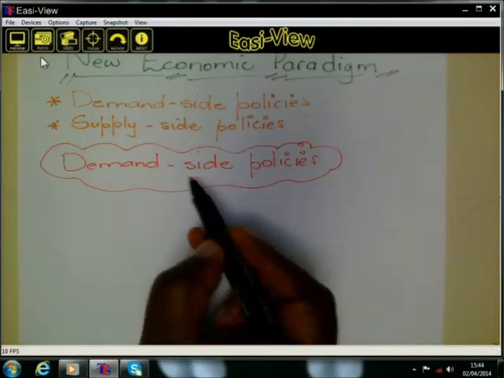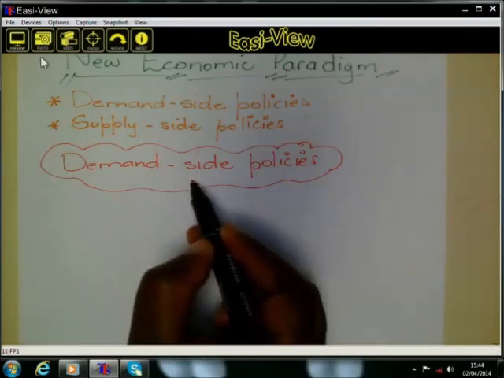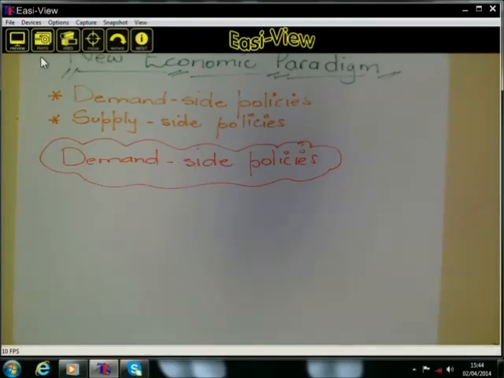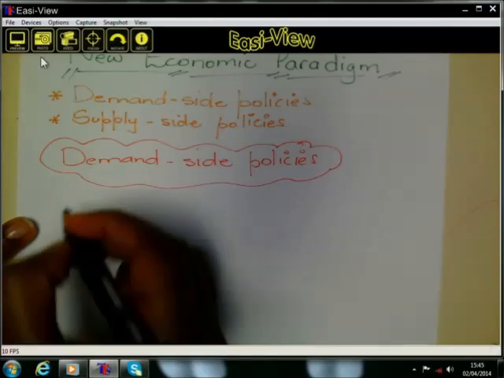So now let's look at what it is that they demand from the side of the consumers. From the side of the consumers, they are concerned with two things.